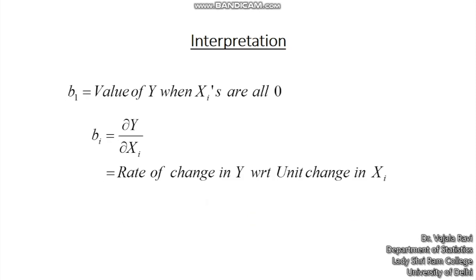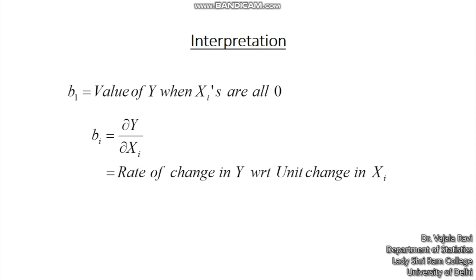The interpretation is now slightly different from the slope perspective. The intercept b1 is the value of y when all the xi values are 0. Again, you should be cautious in making all the xi values veer towards 0, because maybe the data set doesn't support the argument that all of the xi's can be 0.